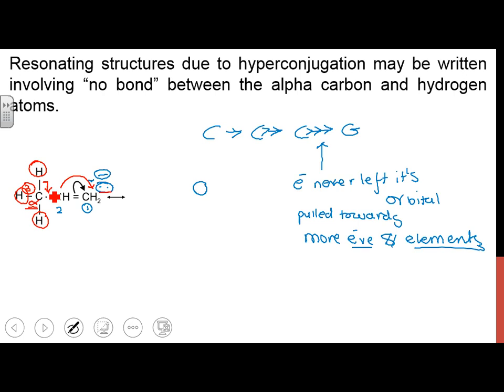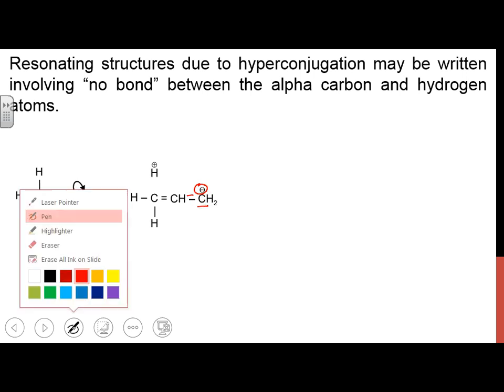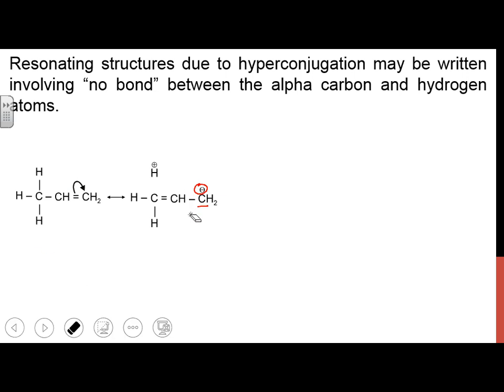And what are you going to get? Let me erase all this and see, this is what will happen. This carbon has received the electron pair, so negative charge. Earlier there was a double bond here. Now that double bond has gone, and one bond from this hydrogen has come over here. There is a double bond between carbon number 2 and carbon number 3. Now there is no more covalent bond here.